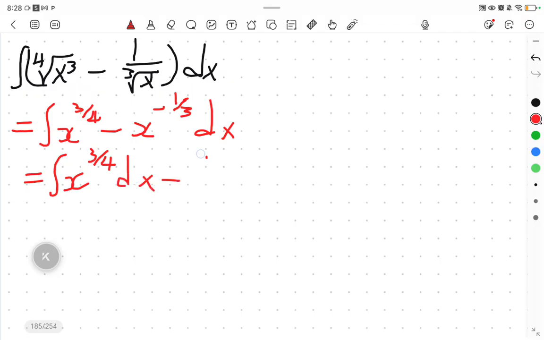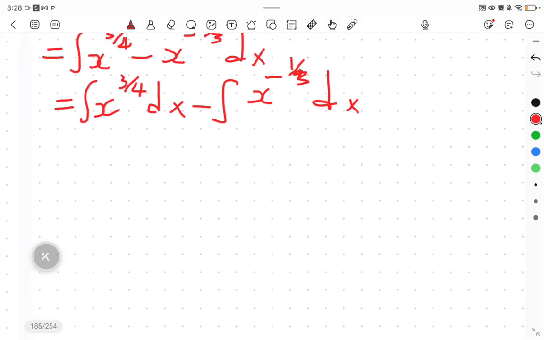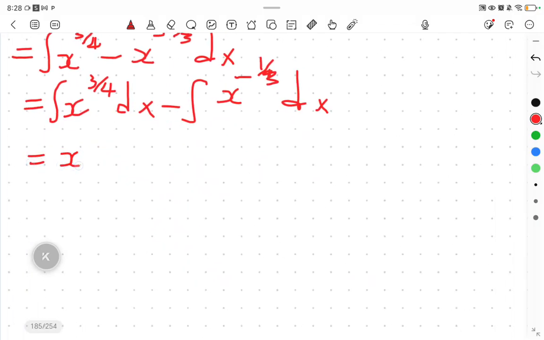Then you can just be checking what is that exponent plus 1. I'm integrating instead of distributing. 3 over 4 plus 1 over 3 over 4 plus 1.